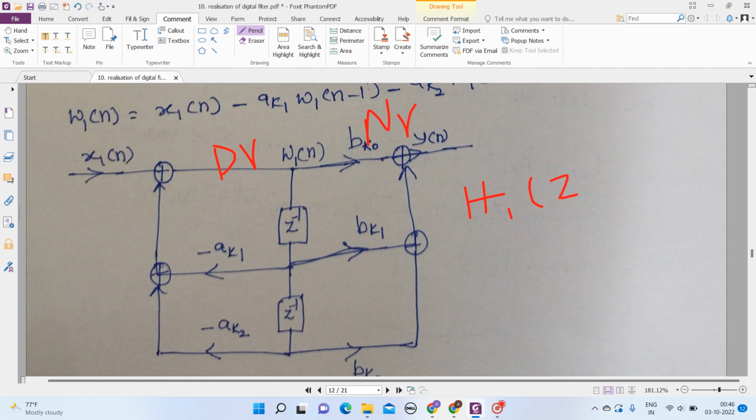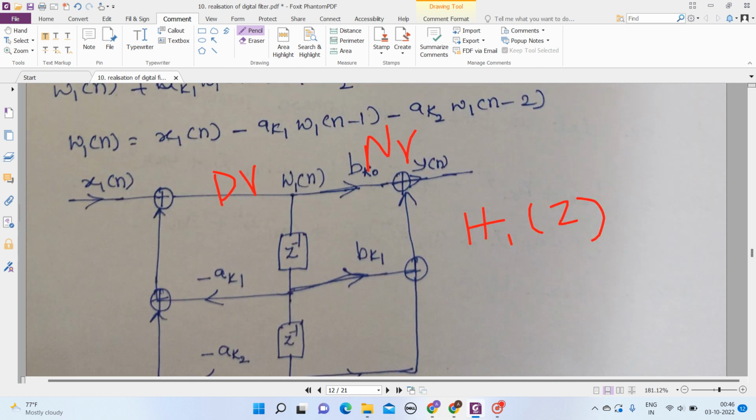In the denominator equation, we have x1 of n, so this is our x1 of n, the first input of the first adder. The second input is minus a subscript k1 w subscript 1 of n minus 1.